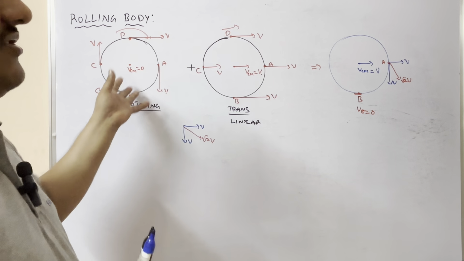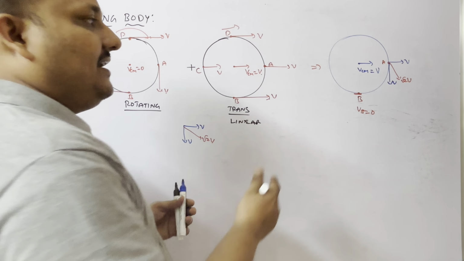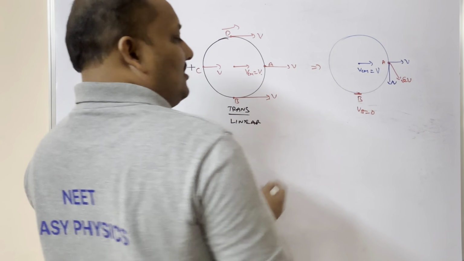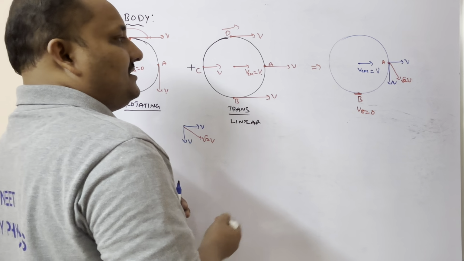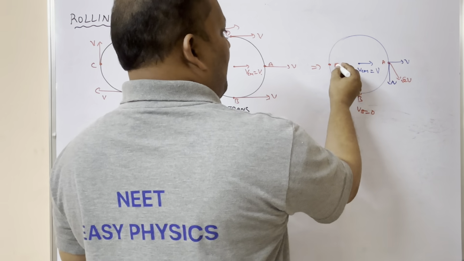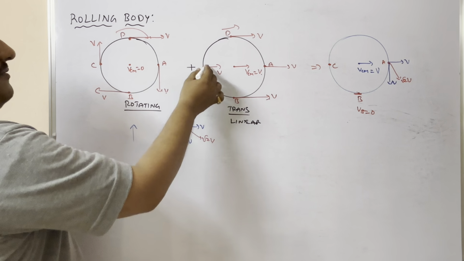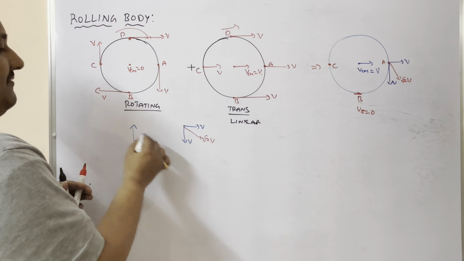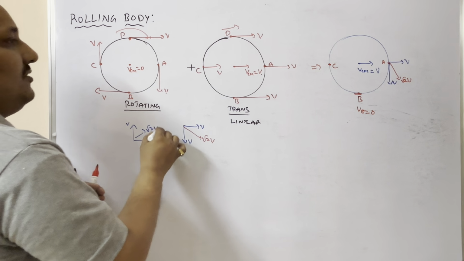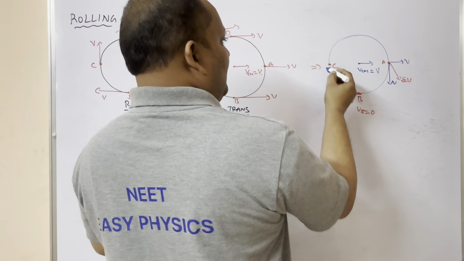You can take anticlockwise or clockwise, you will always get that the point which is touching the ground has its velocity become 0. Now velocity at C. See here, one is upwards, one is right side. Therefore V, V, again you will get root 2 V, correct?